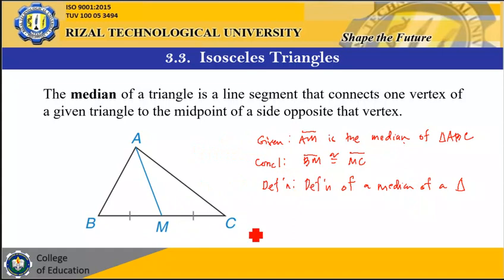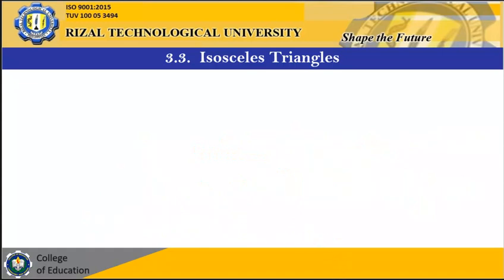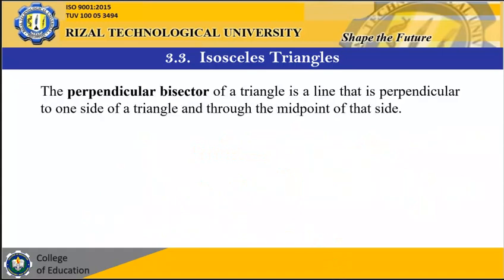Another important concept is the idea of a perpendicular bisector. When we talk about perpendiculars, we know there is an existence of a right triangle.